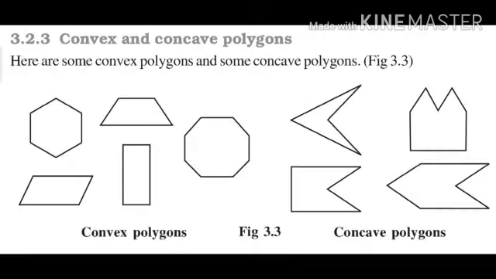First, two types of polygon, convex and concave, and the other classification, regular polygons and irregular polygons. One by one we'll see both types.